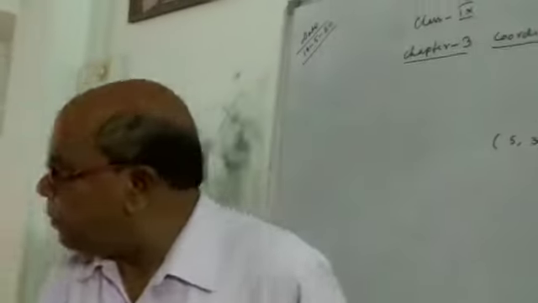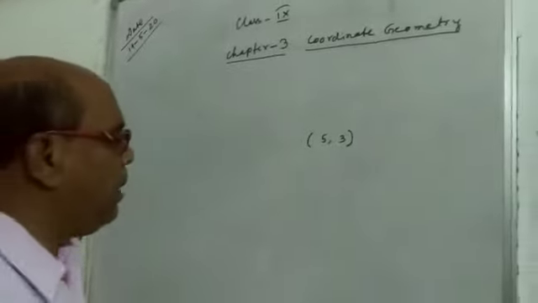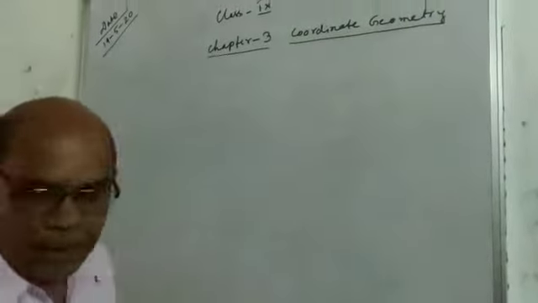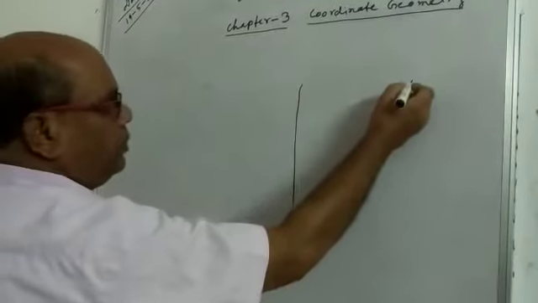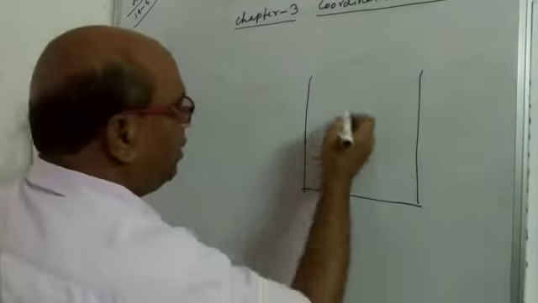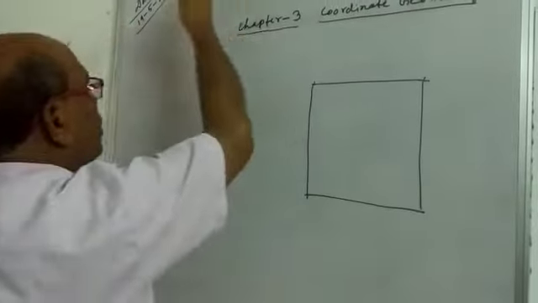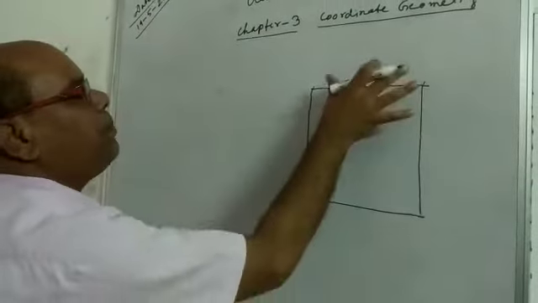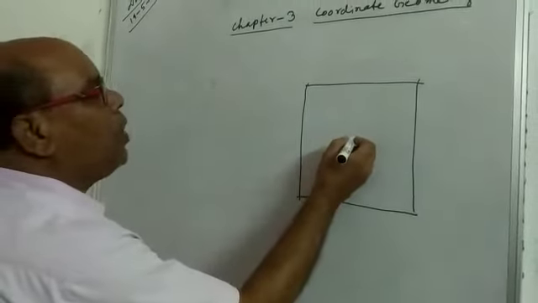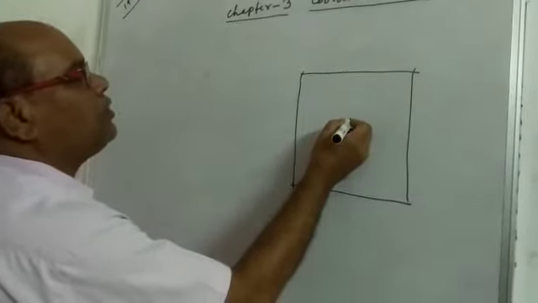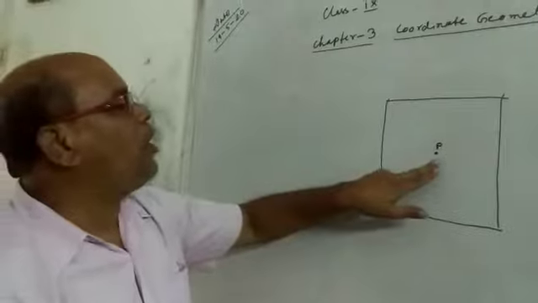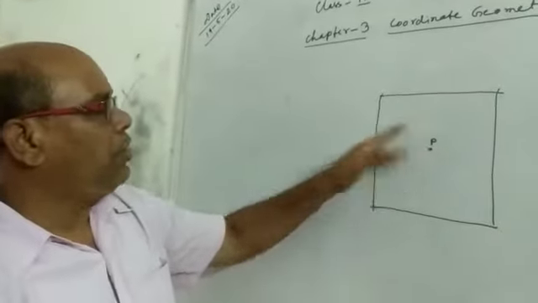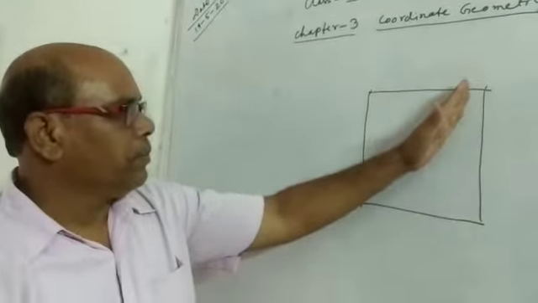Suppose another example in a plane. Suppose this is a plane, or this board also is a plane. Suppose we give a dot, and suppose this dot is P. Then how will we find the position of this point with respect to this plane?